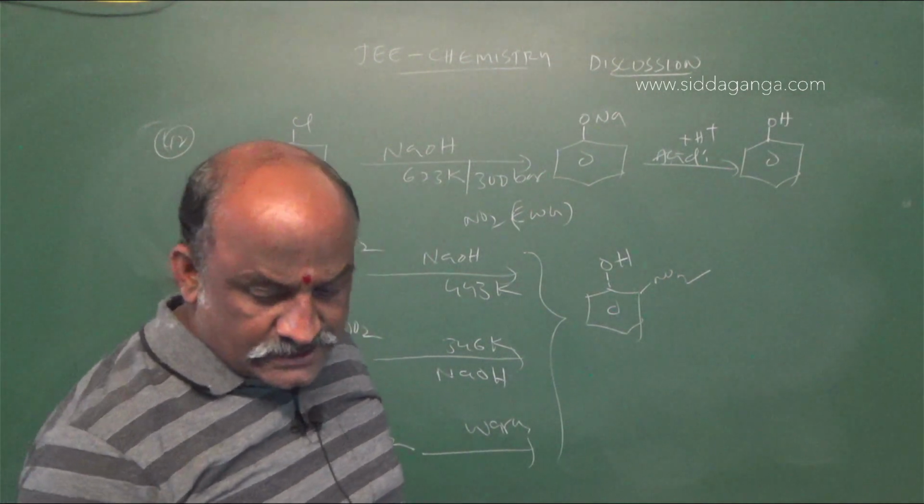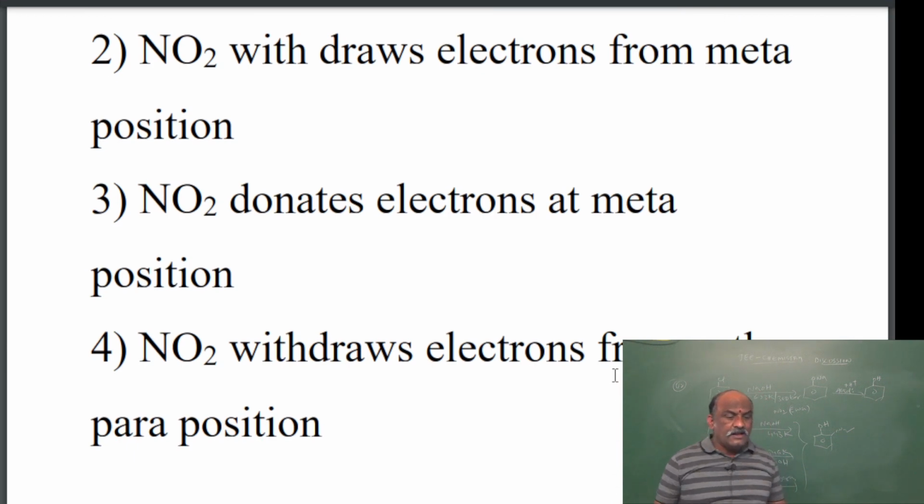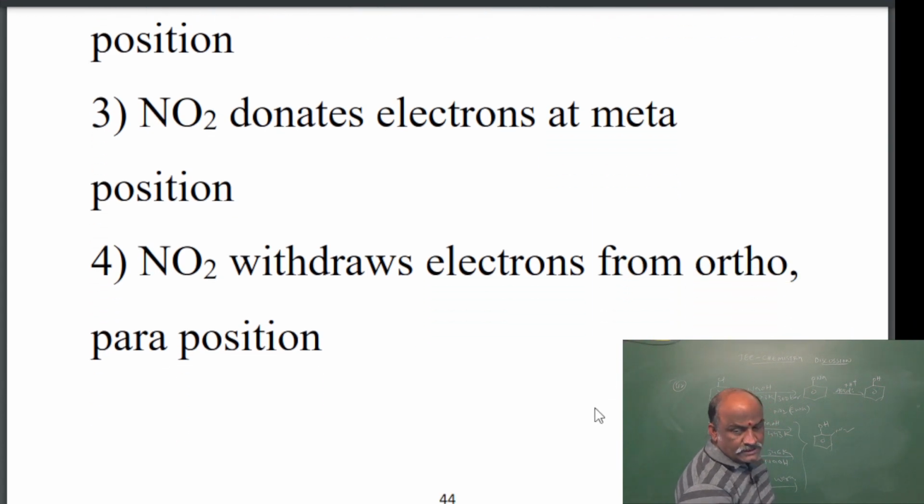So what will be the answer for this question? You should go with option 4. NO2 withdraws electrons from the ortho and para positions. In that way, this is more favorable without any temperature. Temperature is not required. Clear? You only warm, and simply the Cl group is replaced by OH.